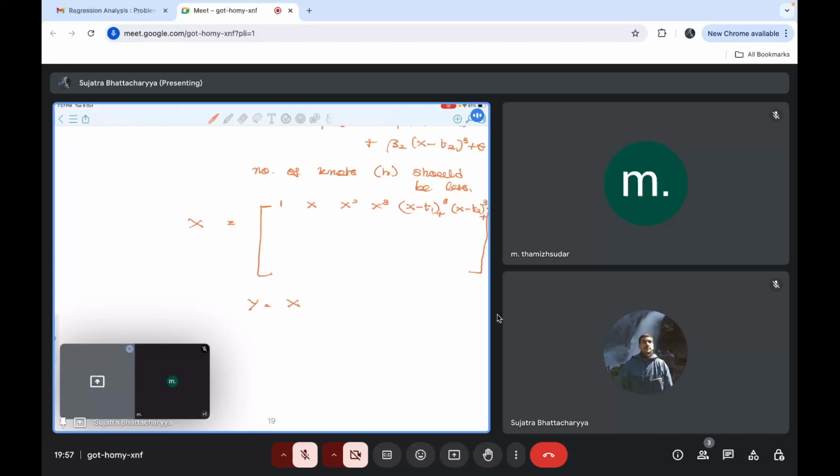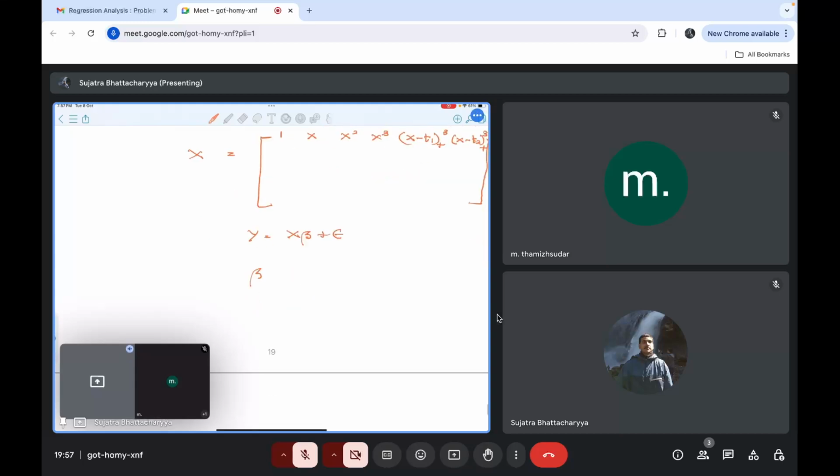Finally, beta hat will be beta 0 0 hat, beta 0 1 hat, beta 0 2 hat, beta 0 3 hat, beta 1 hat, beta 2 hat. That's all. This is how you fit the lines.